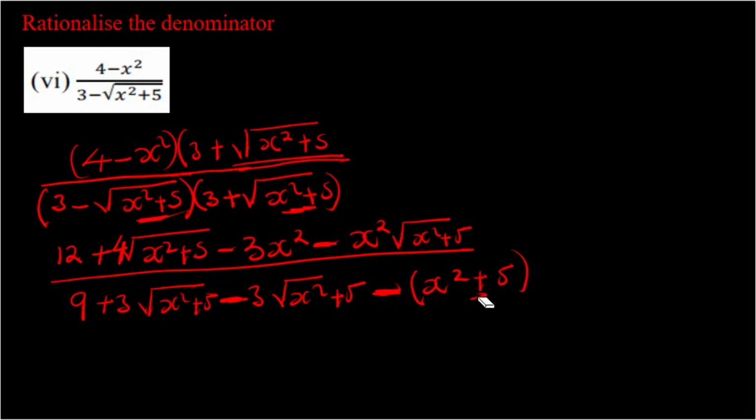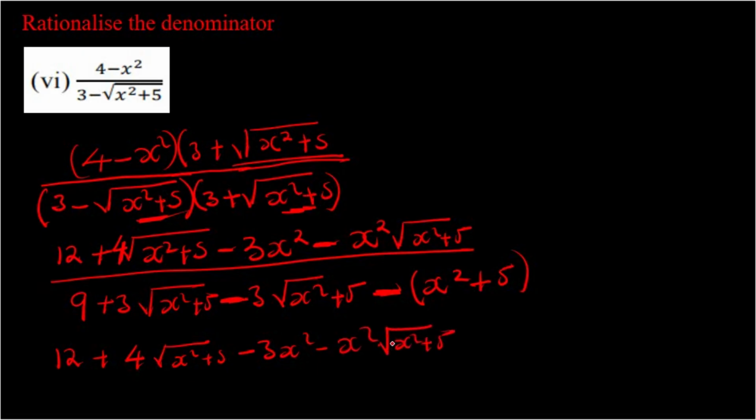Then after doing that, let's go to the down one, which is 12 here, plus 4 root of x squared plus 5, then minus 3x squared minus x squared root of x squared plus 5 over.